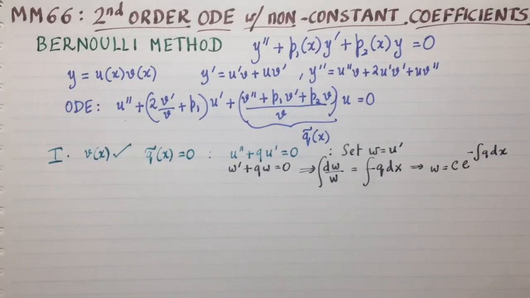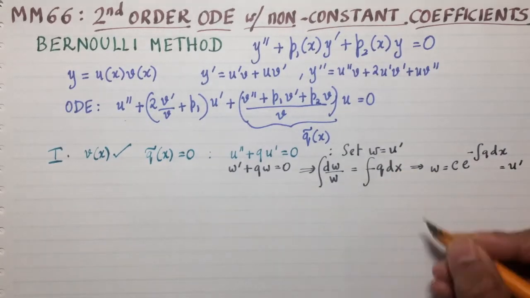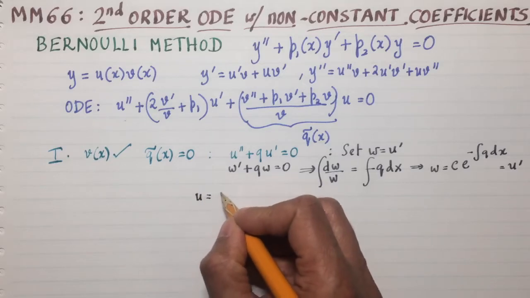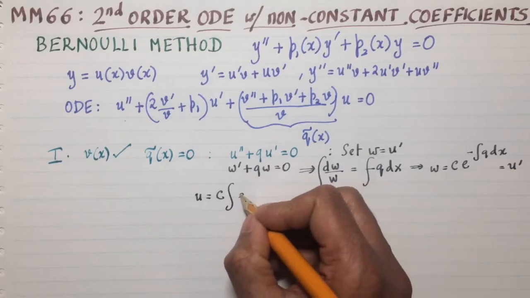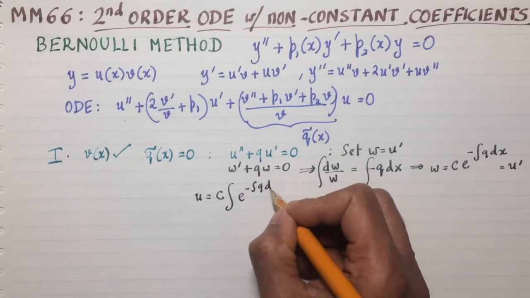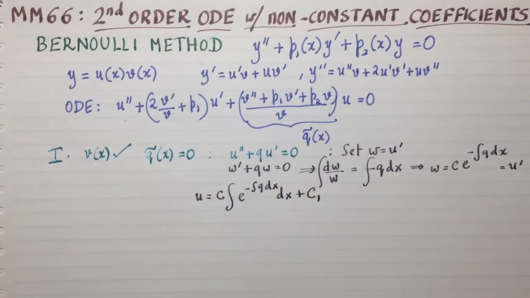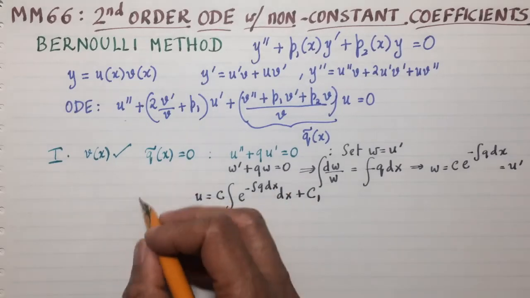So we have solved this equation, but be careful, w is u prime, so we still have to solve for u. That gives me u equals some constant c times the integral of e to the minus integral q dx, plus another constant, so let's call it c1. This may all be very difficult to do, but there are computers for that very reason.